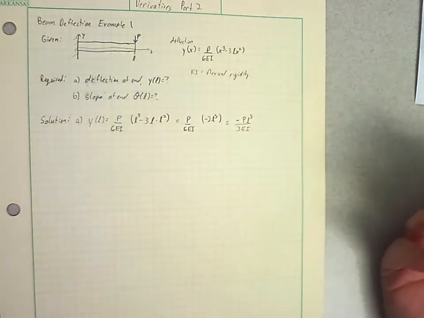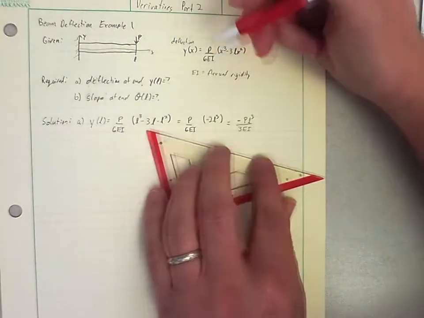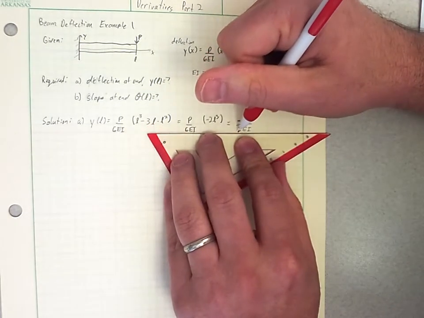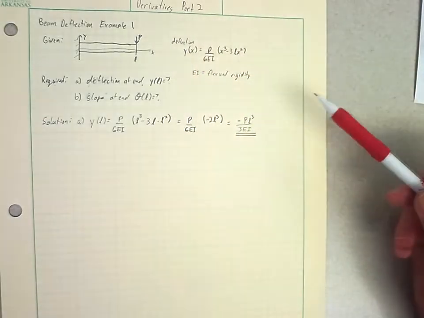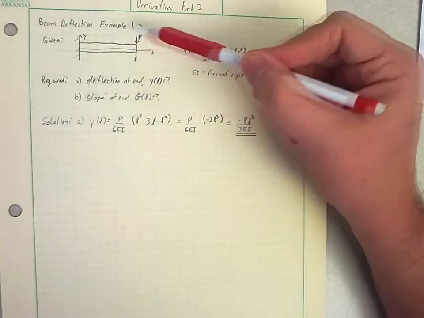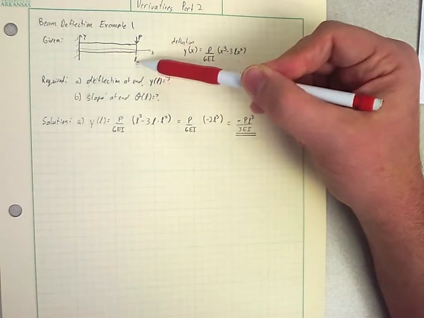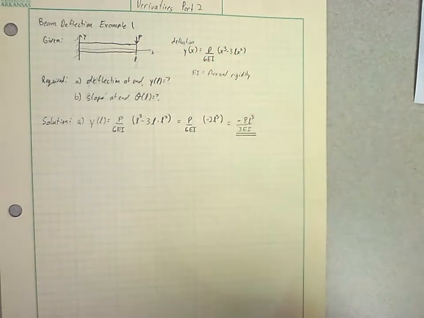And again, it's all in terms of variables because they haven't given us specific numbers for the rigidity or the load or any of that sort of thing. Another key point is we should expect that it's negative. We expect that if we're putting a load here, it's going to deflect down. So at least a reasonable answer there.